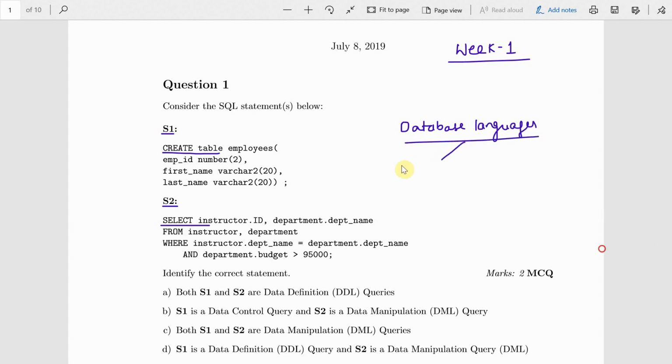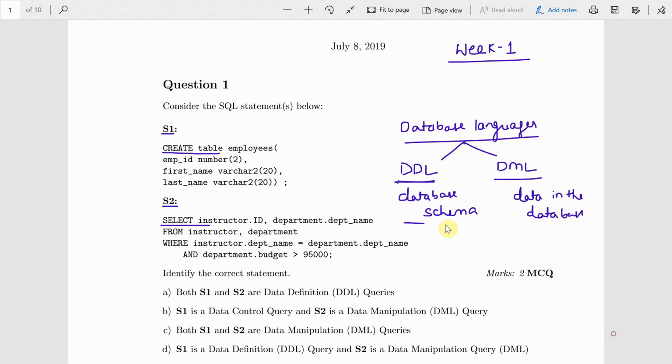Those are data definition language, we call DDL in short, and data manipulation language. Data definition language deals with database schema. Okay, it is dealing with database schema. Data manipulation language deals with data in the database.